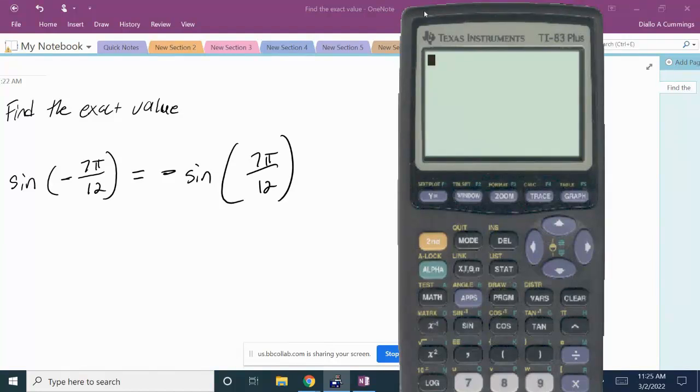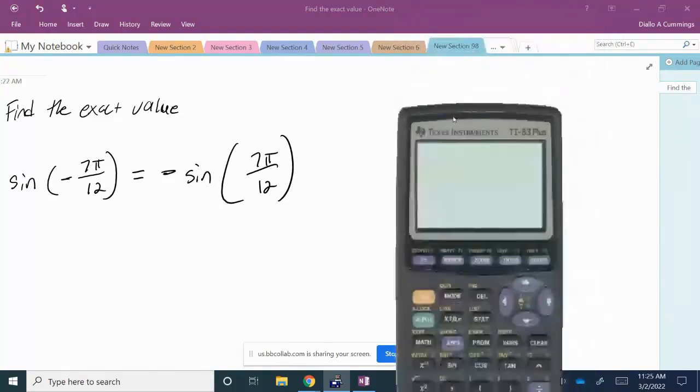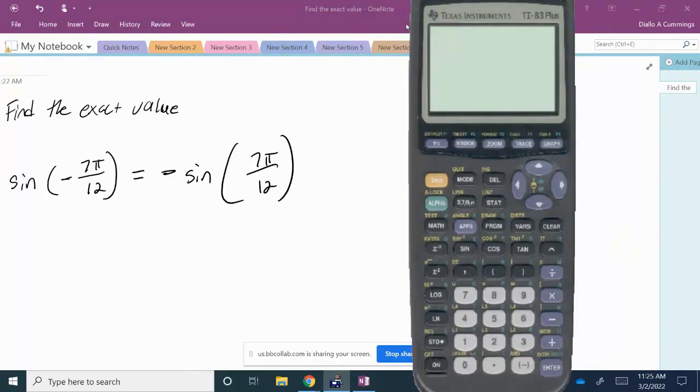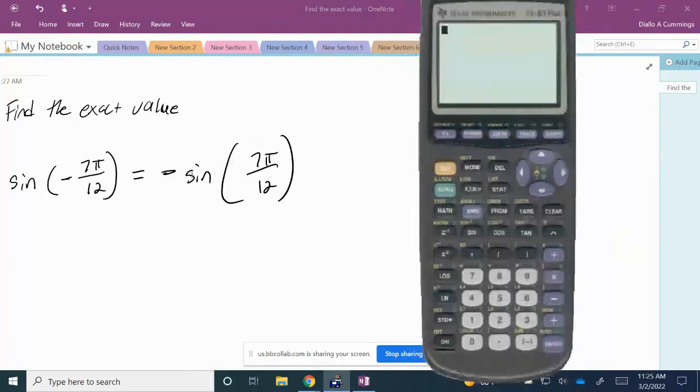Our final result is the actual exact value. And it's easier on the brain to think in terms of degrees. So I'm going to convert 7 pi over 12 radians to degrees, and then we'll use the unit circle, and from the unit circle we can pull out the angle measures that we need.